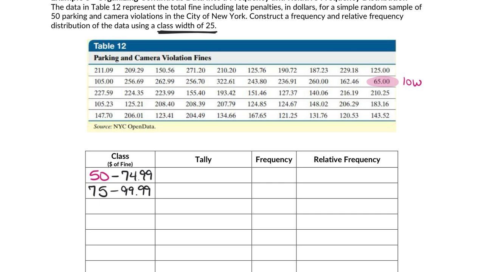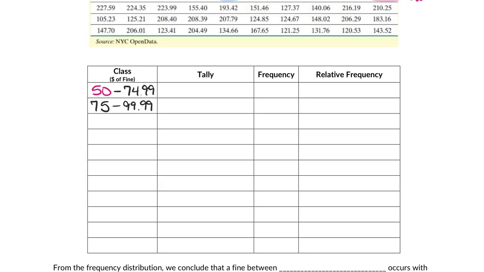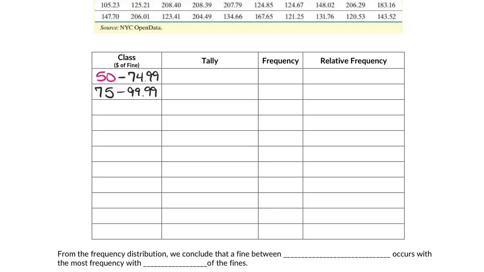If we look at our actual list, the highest number on our list is 322.61, which means we need to make sure that our list goes all the way through 324.99. If you were building your own, you need to make sure you get through that highest number in your classes.